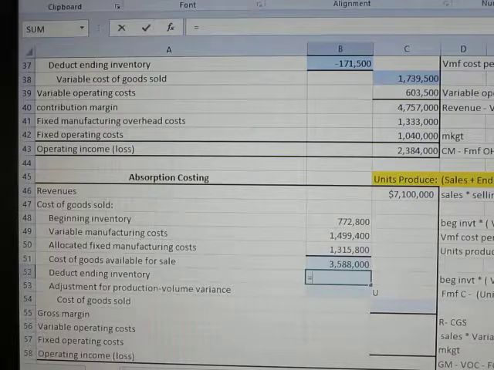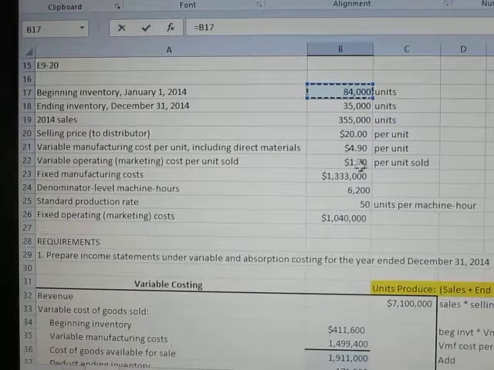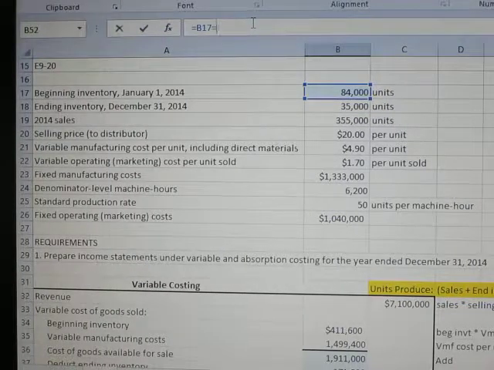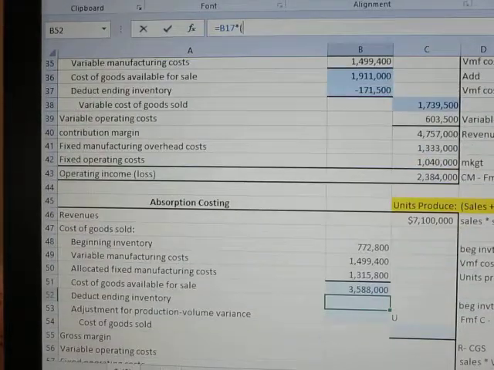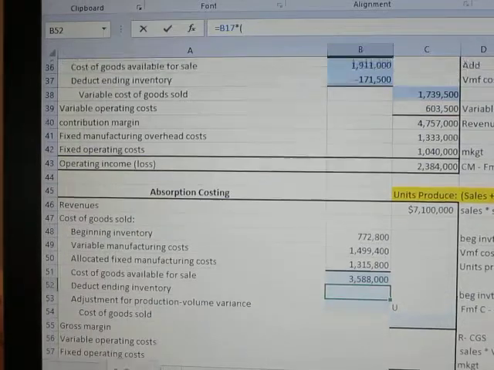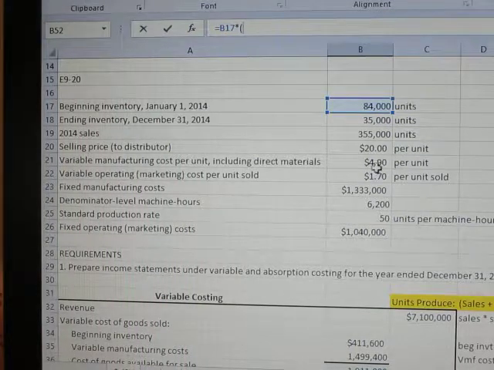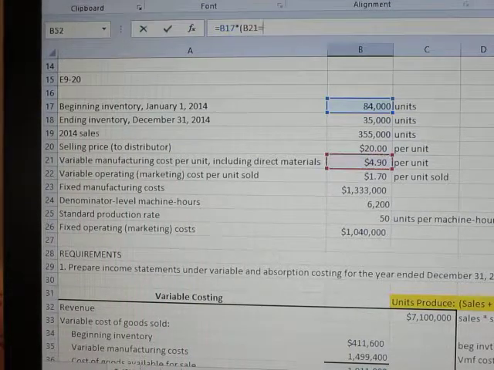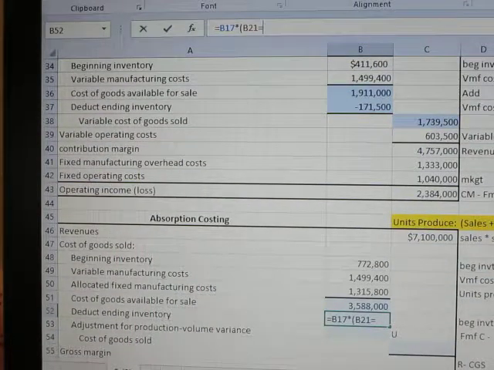So 84,000 units for the beginning times the variable manufacturer cost, which is the 4.90 plus fixed manufacturer overhead allocated rate 4.3.